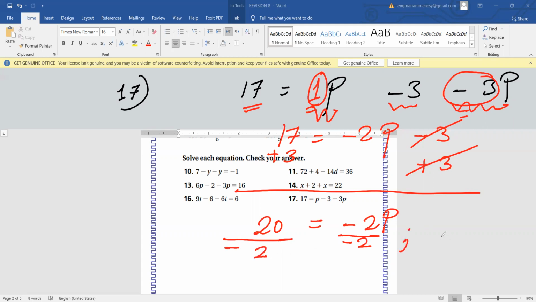Positive divided by negative is negative. 20 divided by 2 is 10. You understand now? Yes. All of you, do you understand? Yes. Okay.